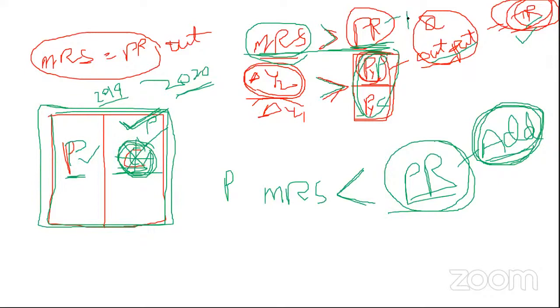optimization of product combination. Remember this point. In product combination, we are considering how to optimize the product combination. In that situation we use MRS greater than price ratio.